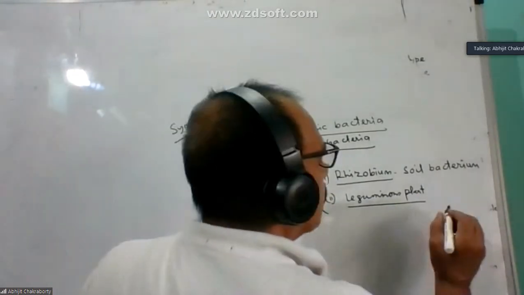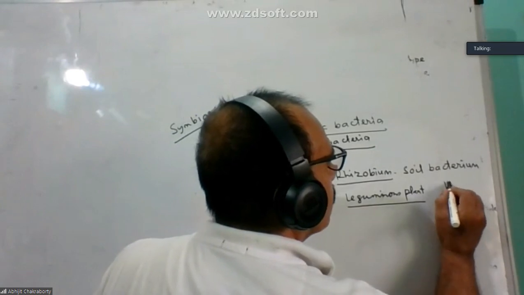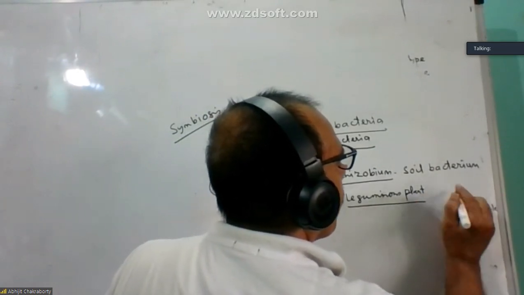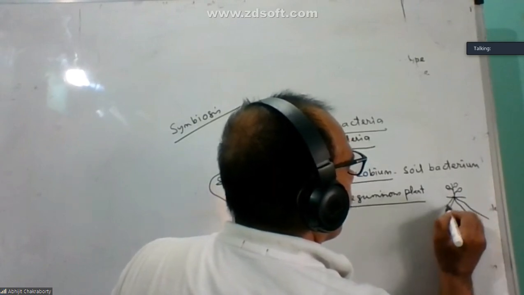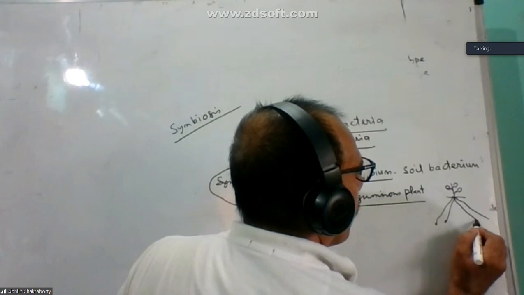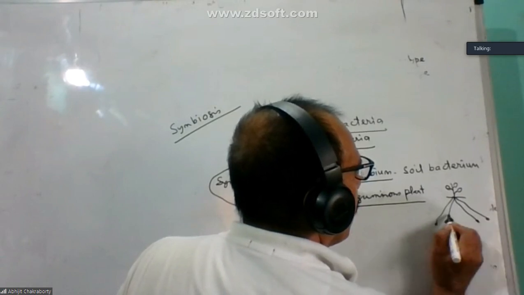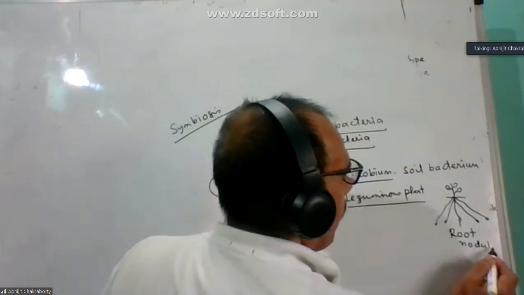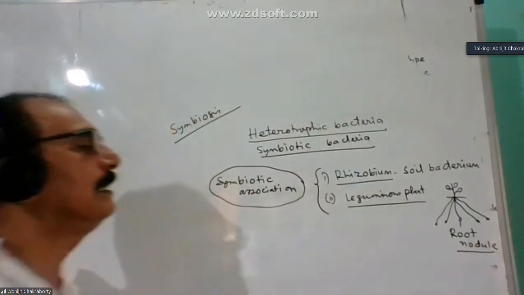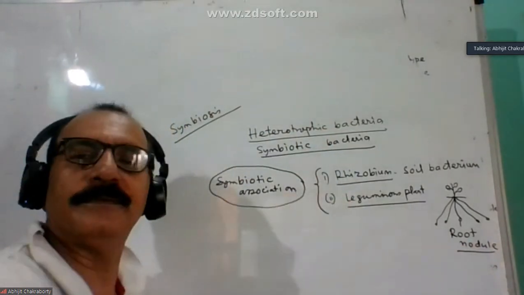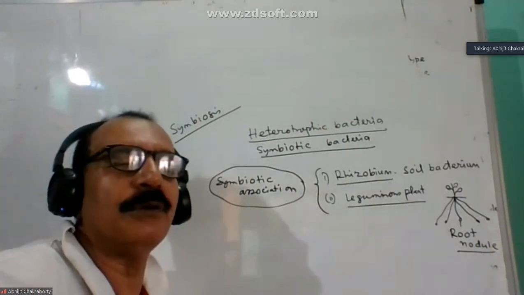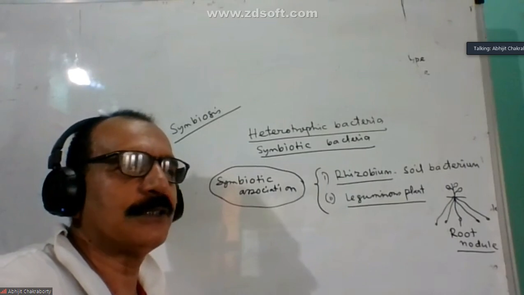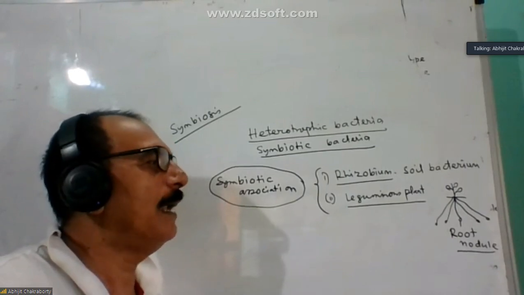In the roots of leguminous plants, there are root nodules, and inside this root nodule, rhizobium is present. It helps in the fixation of nitrogen, so that the plant is benefited.